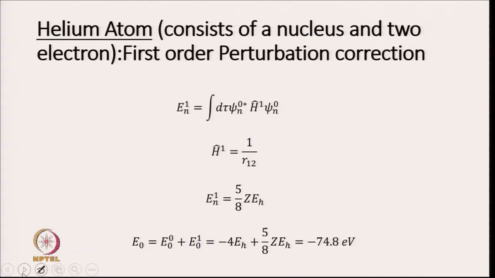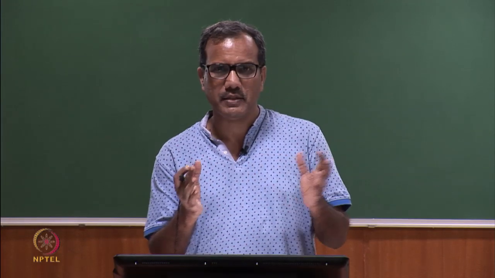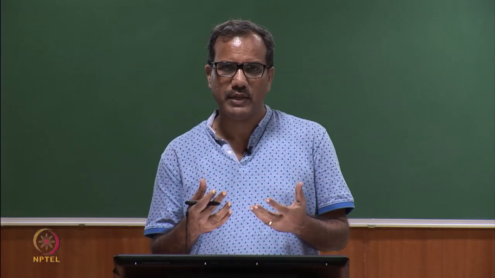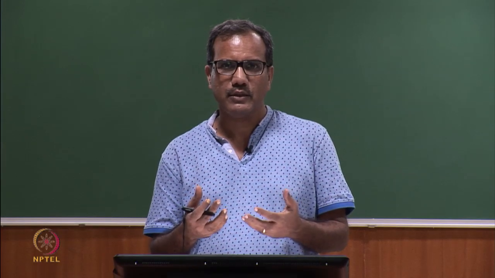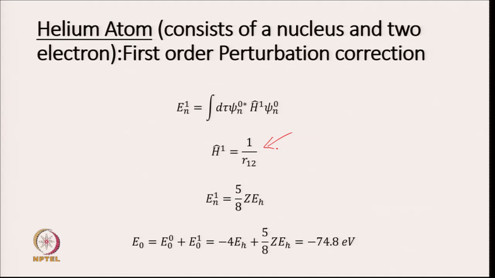Now, there is another method, which is known as perturbation correction. It first calculates the energy assuming that there is no repulsion between electrons, and then the repulsion between electrons is considered as your perturbation, and you can calculate the energy due to this perturbation by using this formula.